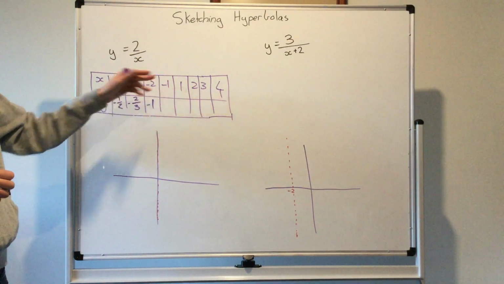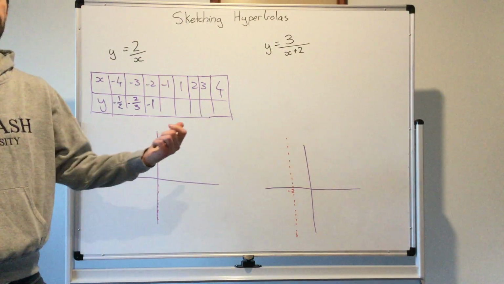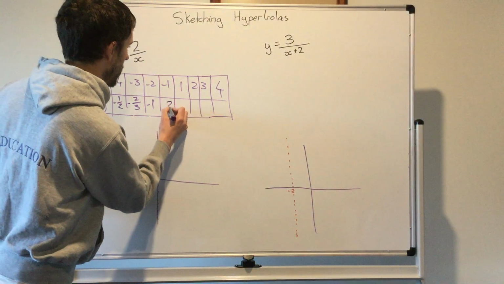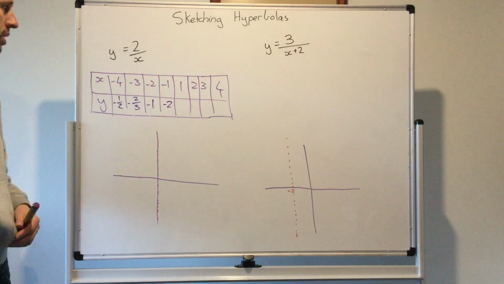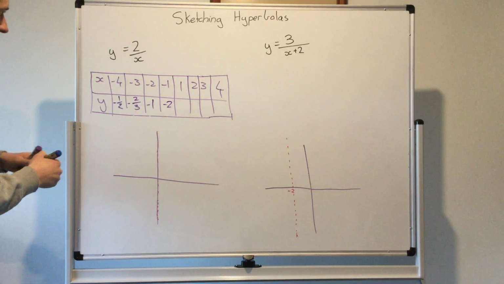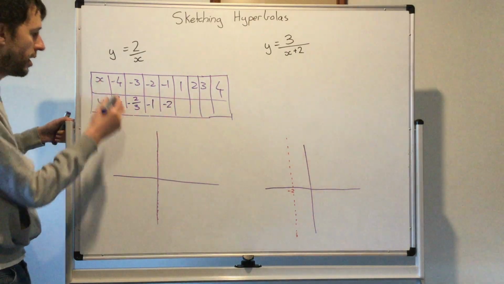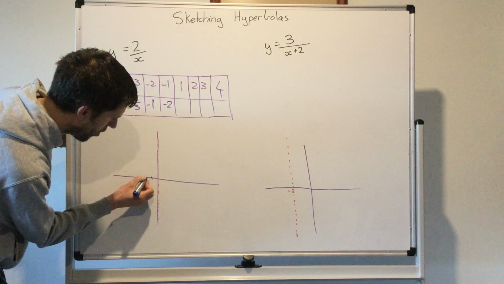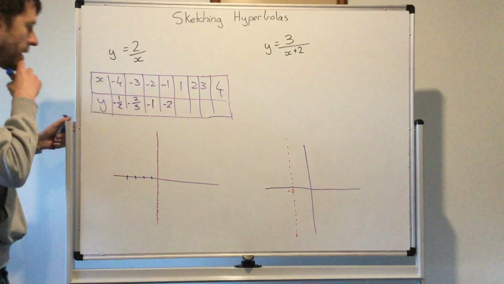And then 2 divided by -1, simple. 2 divided by 1 is 2, and I've got a negative. So I've got my points for that first side. On my graph, I'm just going to put some of those points down. I've got x: -1, -2, -3, and -4.